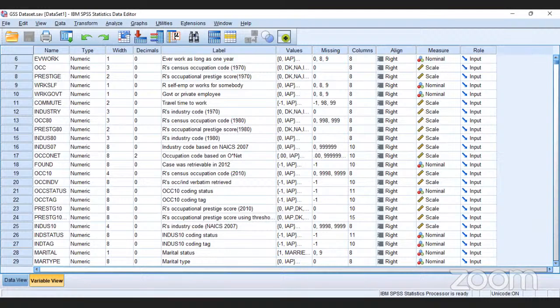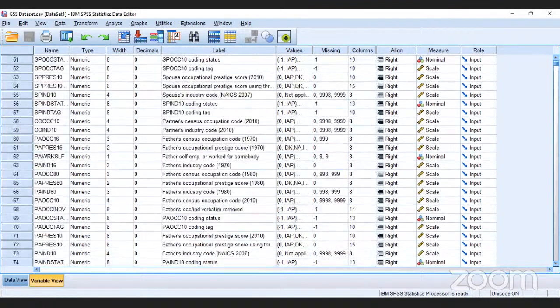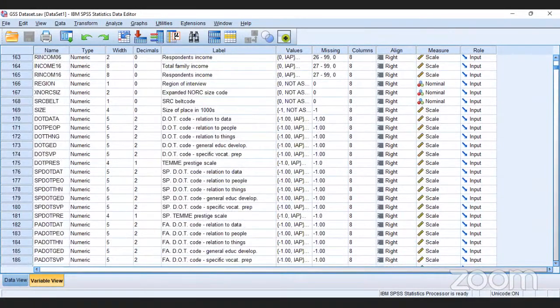For instance, if I look at this data, I see that they're asking whether somebody's working. They have even asked number of hours worked last week, number of hours worked a week, and so on. As I check through the questions, I find something interesting: father's occupation.